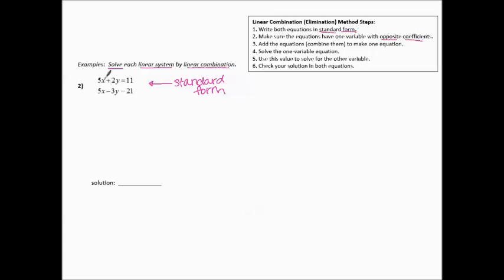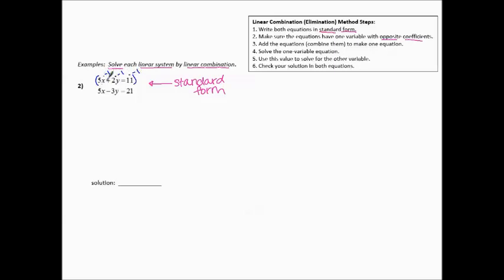That part, when I look here, I'm close. I see I have a 5x and a 5x. They have the same coefficients. So I can make my equations be opposite by multiplying each term by -1.